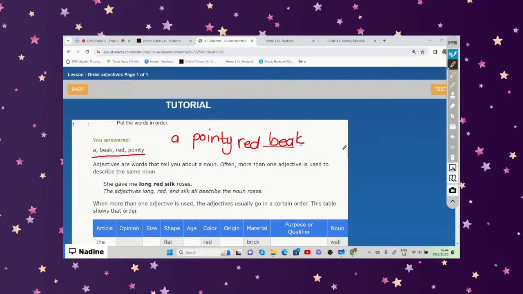So we are basically describing the beak. We're describing it in the sense that it is pointy and it is red. That is how we are describing the beak, which is the noun. And remember, this is an article. So our adjectives over here are pointy and red.